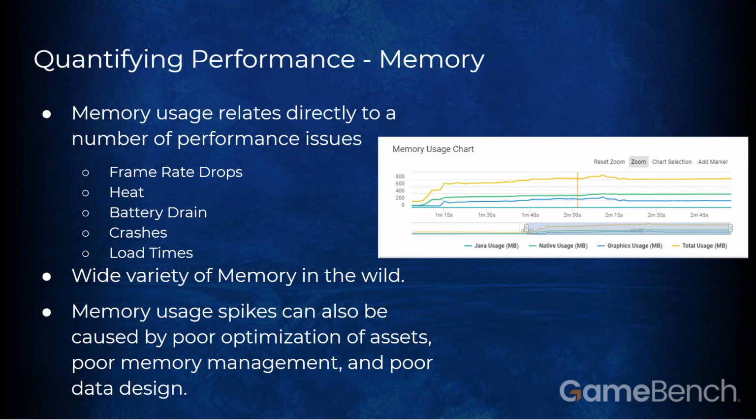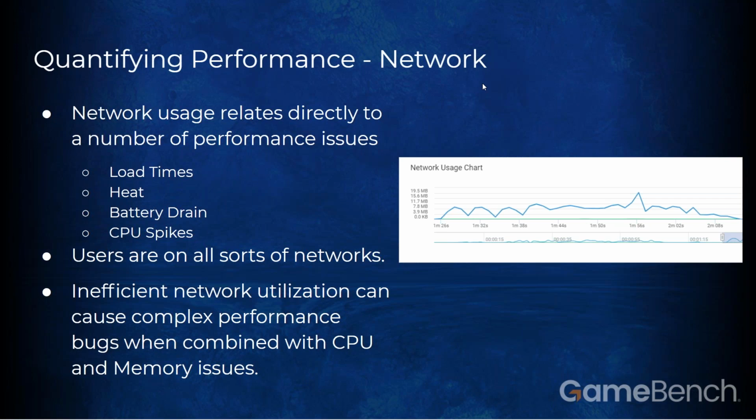And again, this extends to any of these metrics. So we just talked about memory, and answered the question about GPU. Let's talk about network. Network is one of the most frustrating metrics to work with, because a lot of it's out of your control. Network usage relates directly to a number of performance issues.